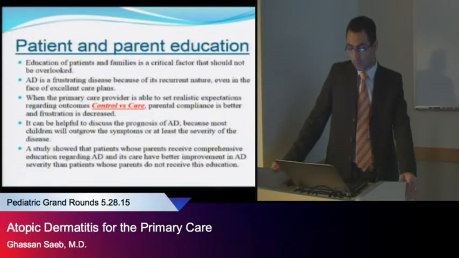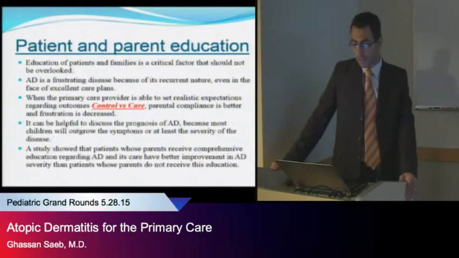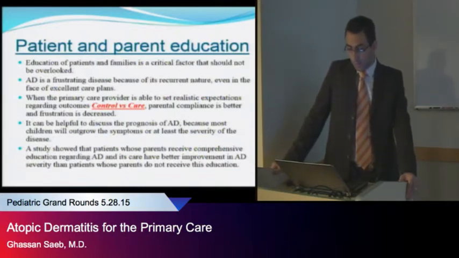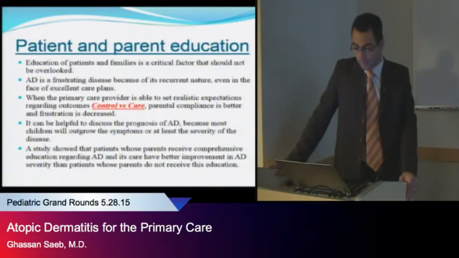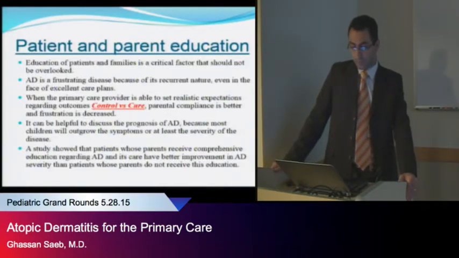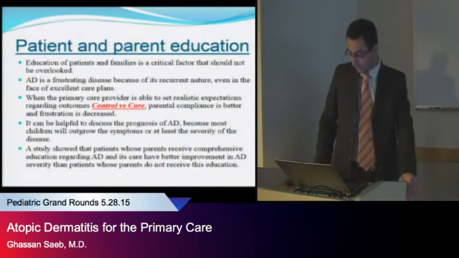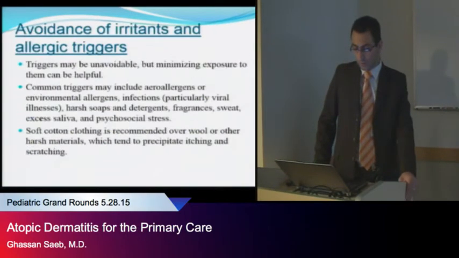It can be helpful to discuss the prognosis of AD because most children will outgrow the symptoms or at least the severity of the disease. A study showed that patients whose parents receive comprehensive education regarding AD and its care have better improvement in AD severity than patients whose parents do not receive that kind of education.